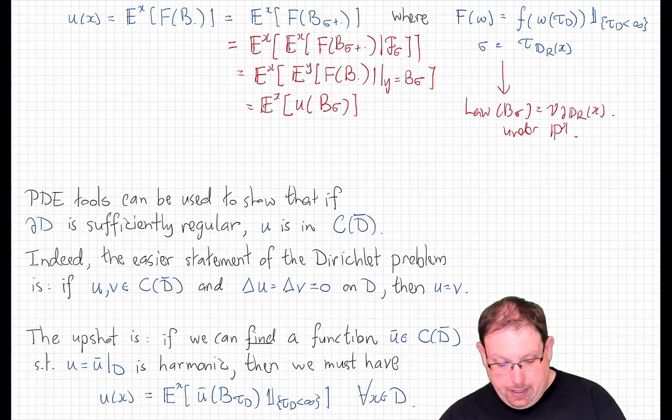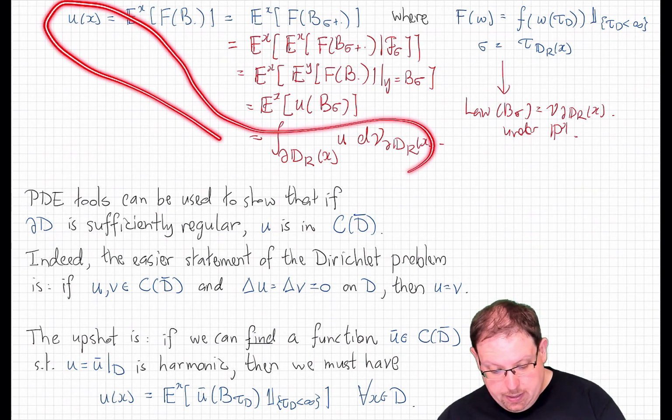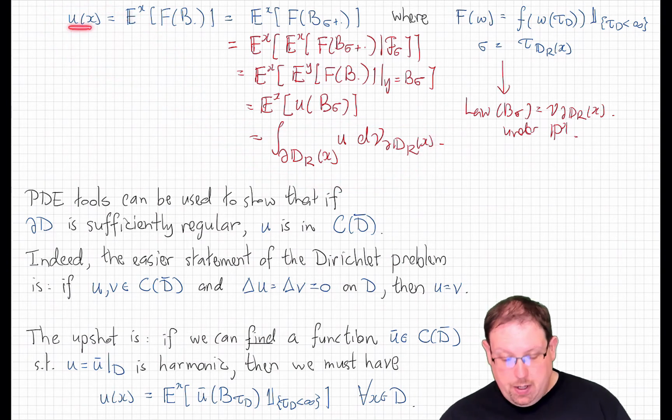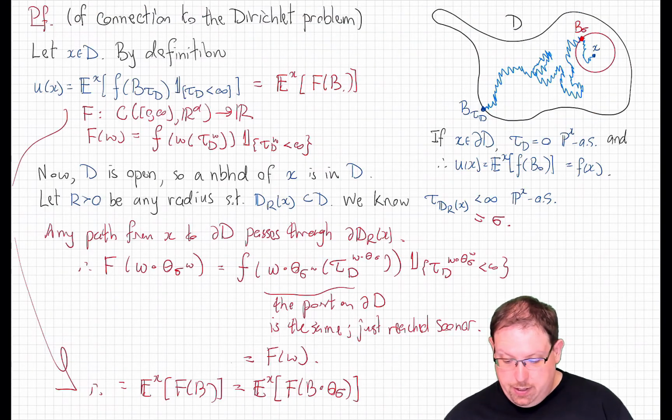And so this expectation, by the change of variables formula, is the integral over that sphere of u against that Haar measure. But that is exactly what it means, according to Gauss, for u to be a harmonic function in the region D.